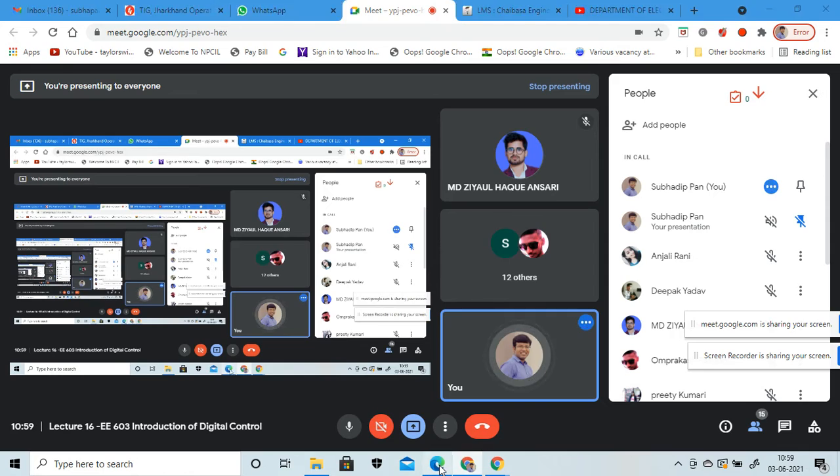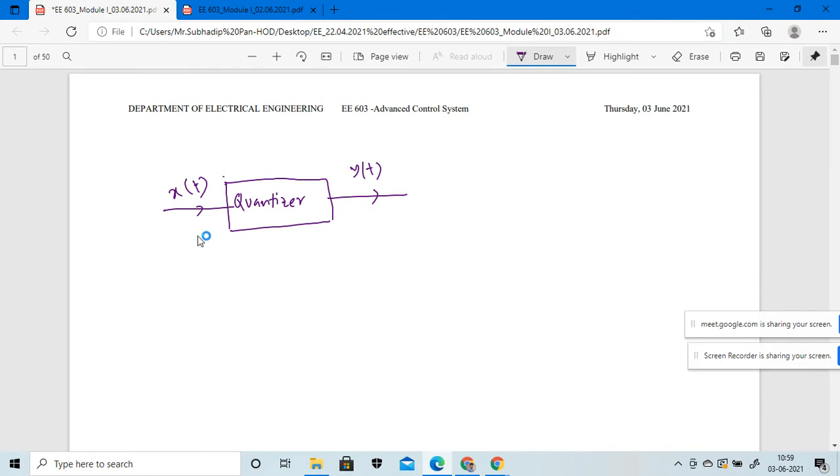So this will be your x(t), an analog input, and when it flows through, it comes to the discrete output, or we can say the quantized output.